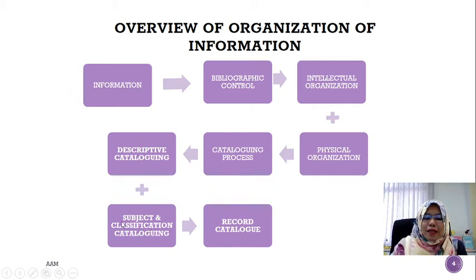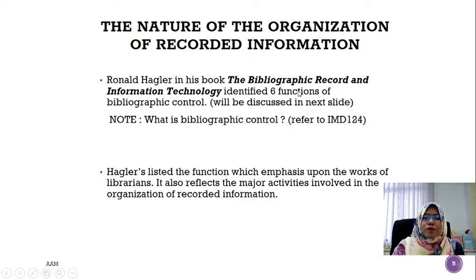Subject and classification cataloging is when you expand your knowledge or further your study at degree level. And the last one is completing the catalog record. That is the overview of the basics of information organization.